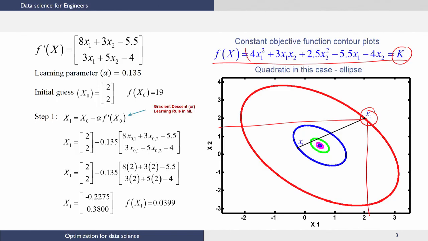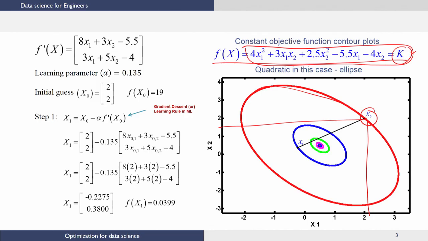Then I can look at this equation and ask how this constant contour plot for f of x would look in the x1 x2 plane, and you would notice that this is quadratic in this case. It is actually going to be an ellipse for this particular function. This ellipse that we trace would be for some particular value of k, and our initialization point is here.